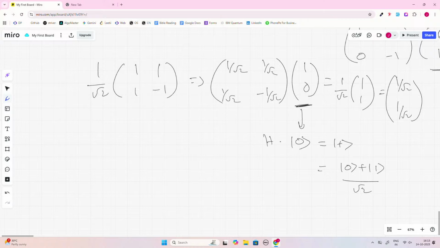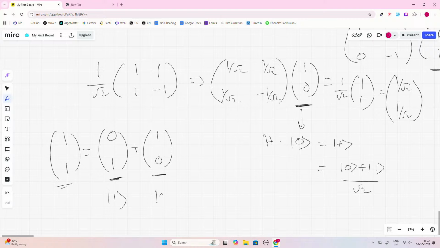Can I write this [1, 1] in this way? Is there any basis state for this one? No. So that's why it just gets decomposed into the basis states. What is this [0, 1]? It is your ket 1.